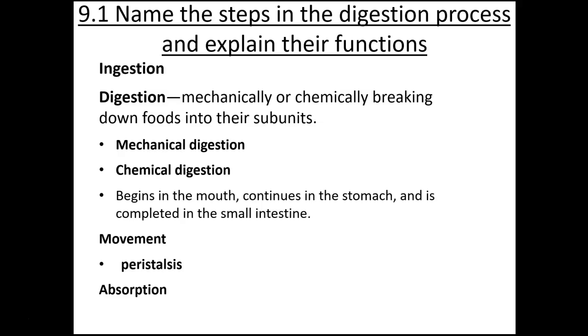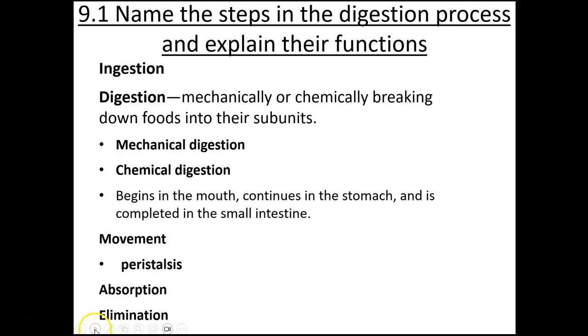Then those nutrients will be delivered to our cells. So the steps in the digestive process: ingestion, digestion, movement, and absorption. Oh, elimination. Sorry, I had one more. Elimination is just the removal of the undigested materials through defecation, through making the feces.